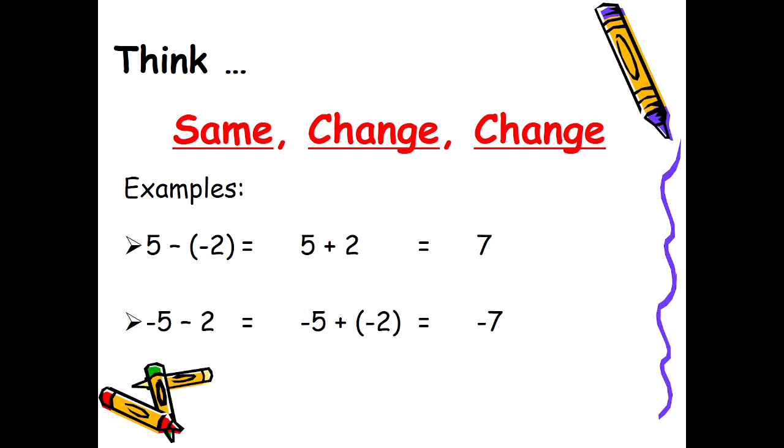The second example, we have here negative 5 minus positive 2. Again, we keep the first integer, which is negative 5. That is for the keyword same. Negative 5, and then we change the minus sign into plus. So we have negative 5 plus. Now our subtrahend positive 2 becomes negative 2. So now our addition sentence is negative 5 plus negative 2. And the answer here is negative 7.